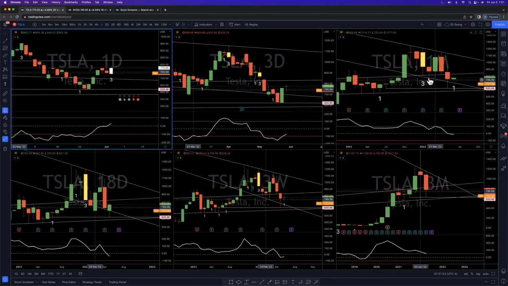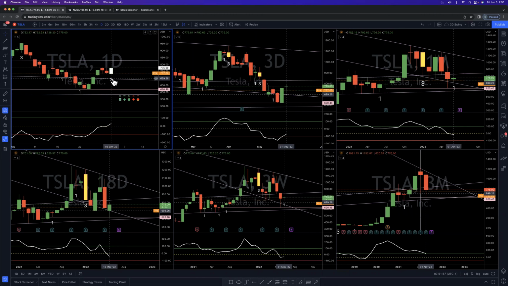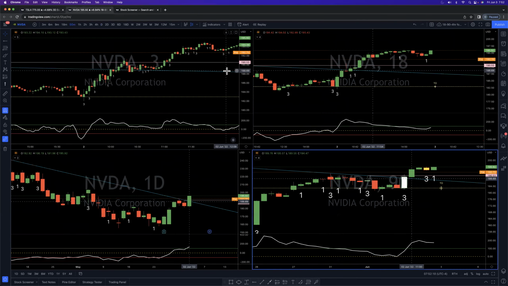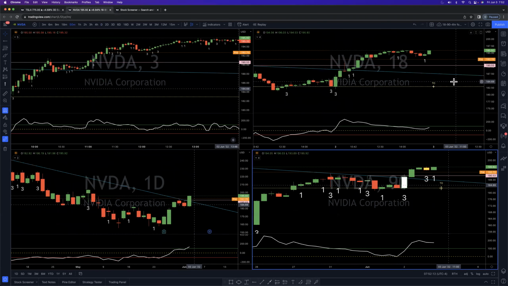We drew these broadening formations off the monthly, so maybe it trades back down. If this sucker trades back below 700, guys, we may just see this thing retest, but I have no idea what it's going to look like just yet. Okay, all right. So that's what I have for today.